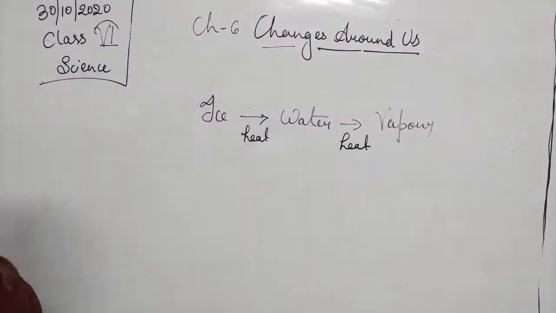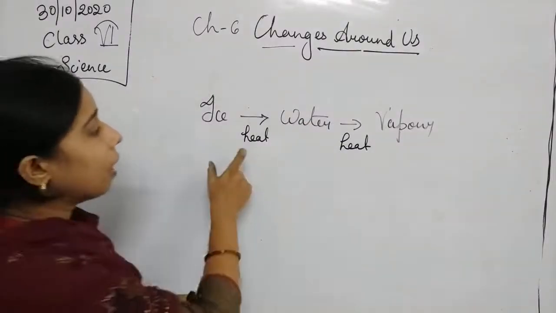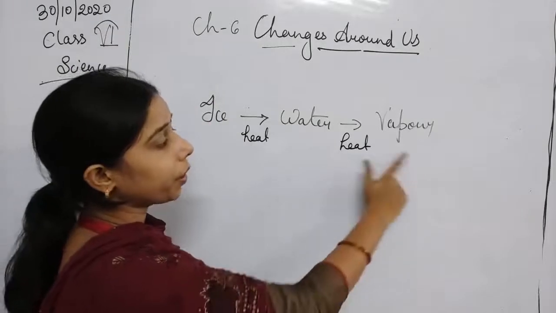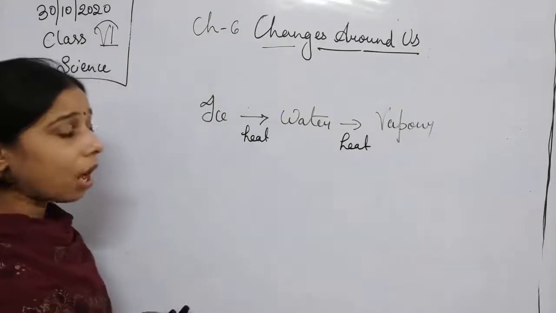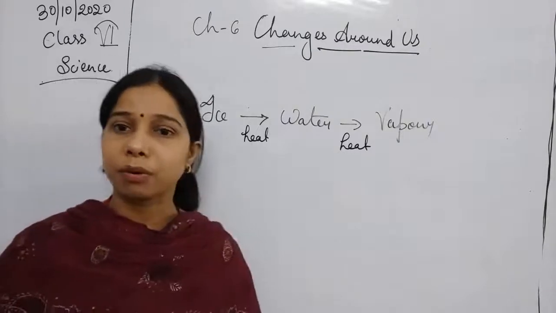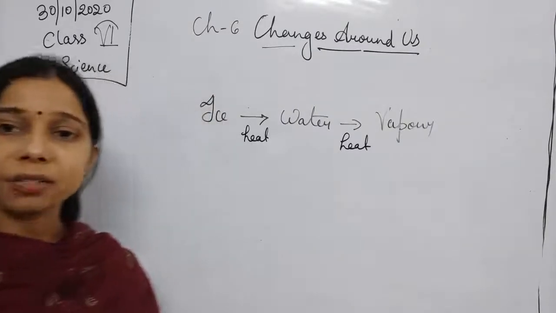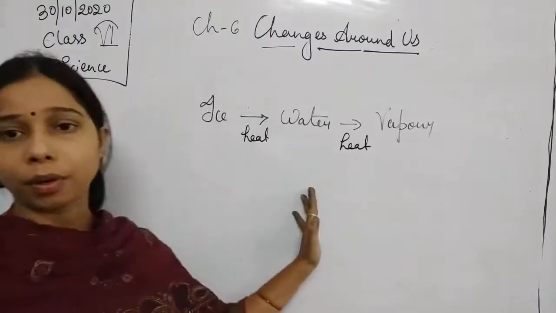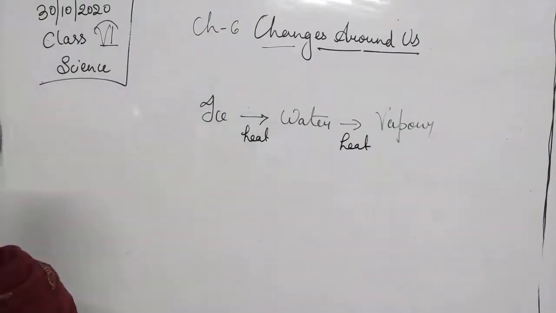So you see, students, that ice gets converted to water and water to water vapor, and this change occurs due to the action of heat. When you supply a sufficient amount of heat to it, there is a change in its state from ice to water and water to water vapor.